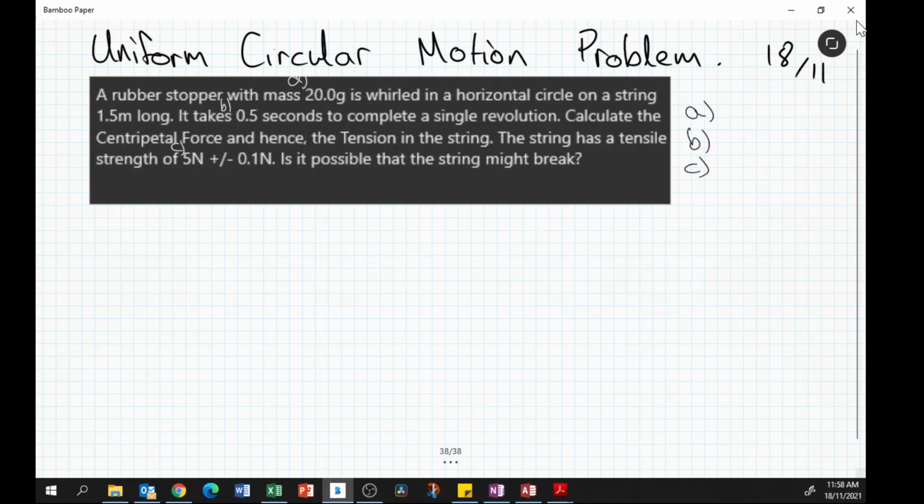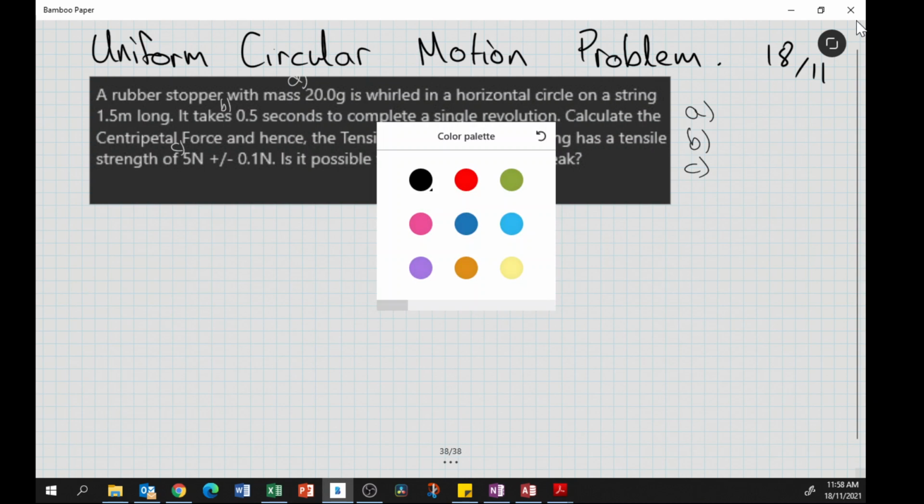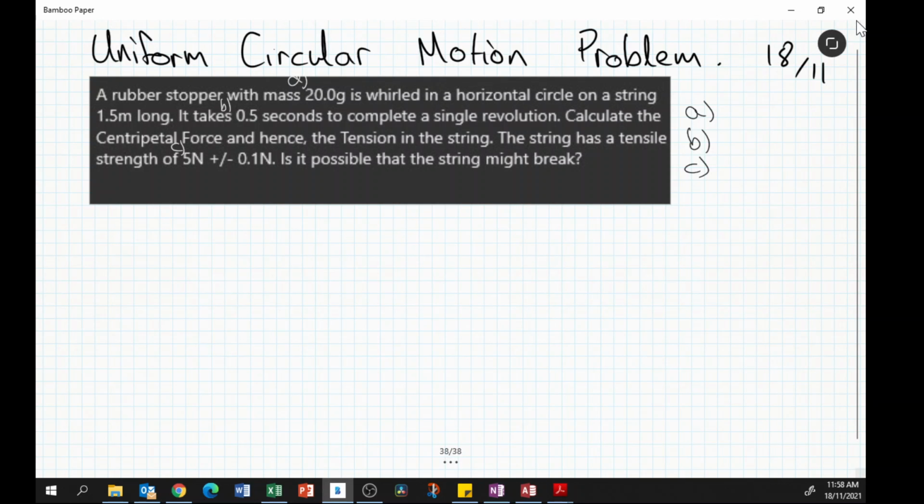Answers in 10, 9, 8, 7, 6, 5, 4, 3, 2, 1. A will be 3 sig figs. B will be 1 sig fig. C will be 1 sig fig.